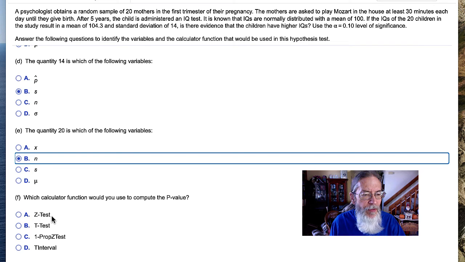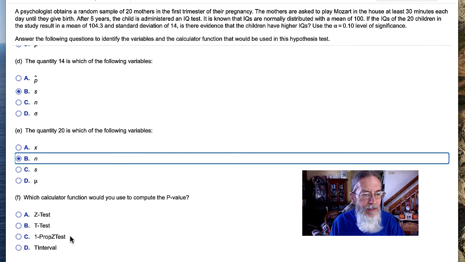Z-test, well, that would be testing a single parameter and knowing the population standard deviation. T-test, we don't know the population standard deviation. One prop Z-test, well, that would be a proportion test.